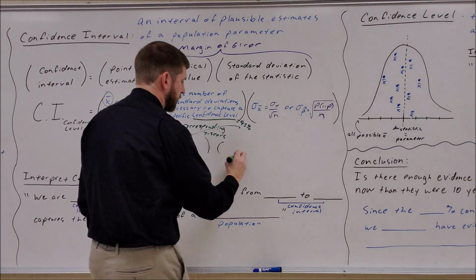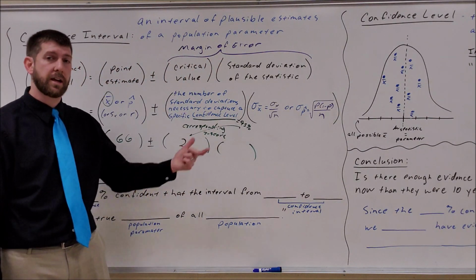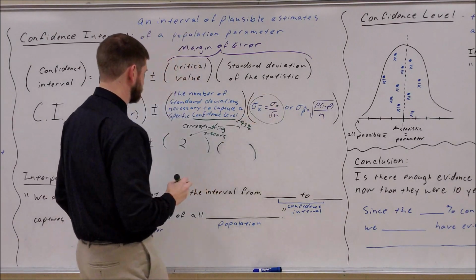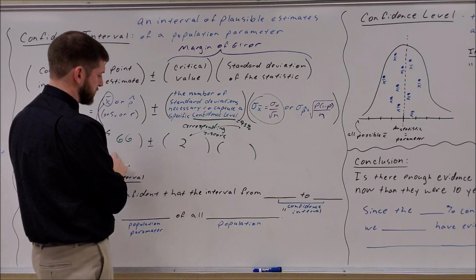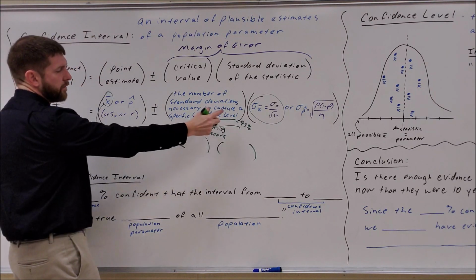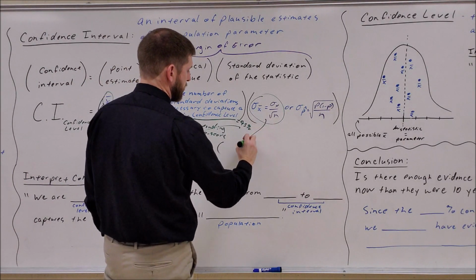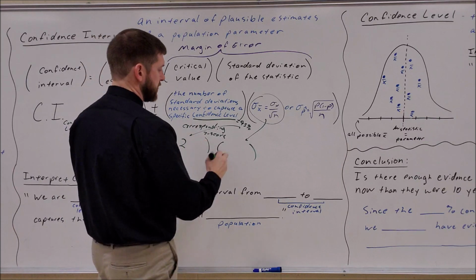All right, now we want to get the standard deviation of our statistic, or the standard deviation of our sample mean. So we're going to use this guy right here. So we used the sample mean, which was 66. We use a 95% confidence level, which has a z-score of 2, and then we're going to use the standard deviation for sample means.